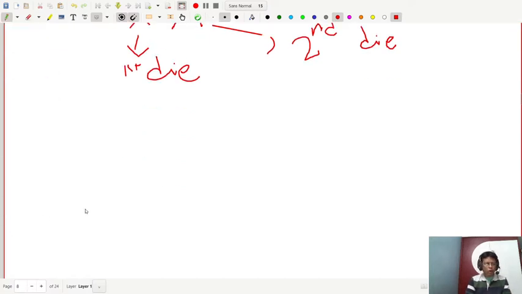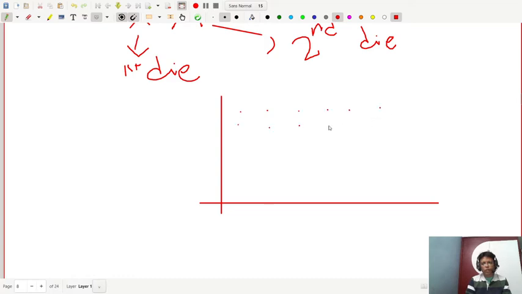So your event space will be like this, right? 36 possibilities. 1, 2, 3, 4, 5, 6, 1, 2, 3, 4, 5, 6, and so on. There are 36 event points, outcomes. Let me put the points on this two-dimensional space.